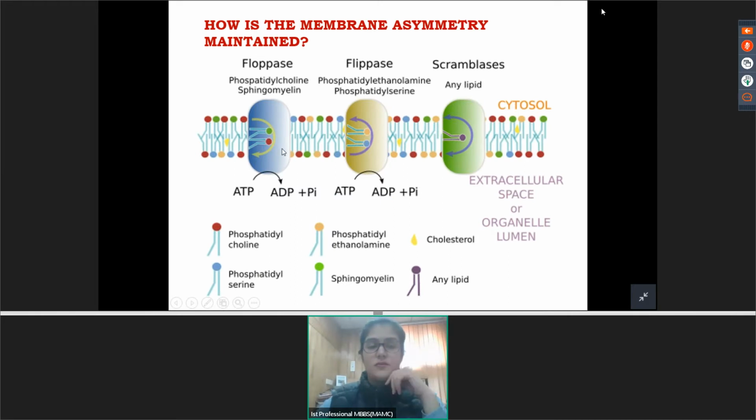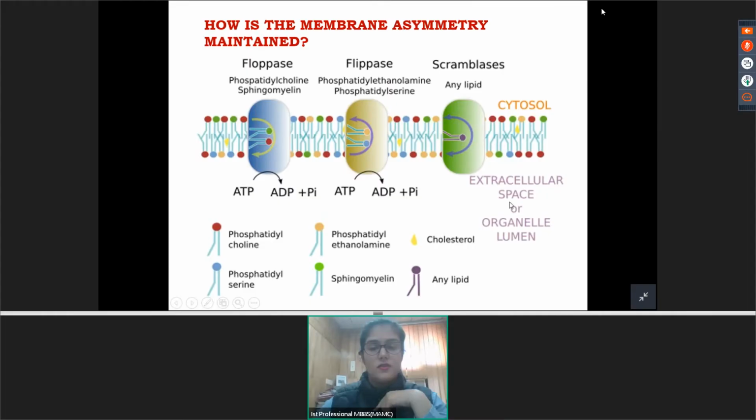How is this asymmetry maintained? For this, we have different types of transporter proteins: floppases, flippases, and scramblases. Floppases, what do floppases do? Floppases transport phosphatidylcholine from the inner leaflet to the outer leaflet. This is the cytosol.